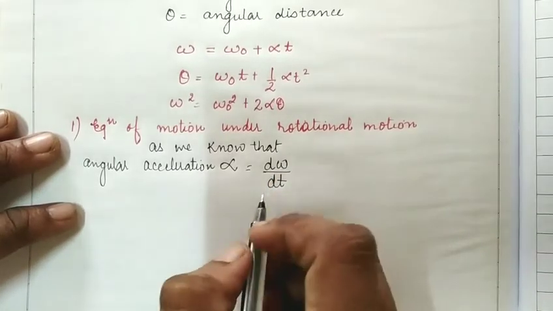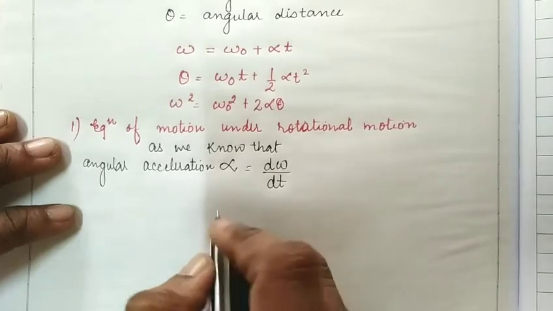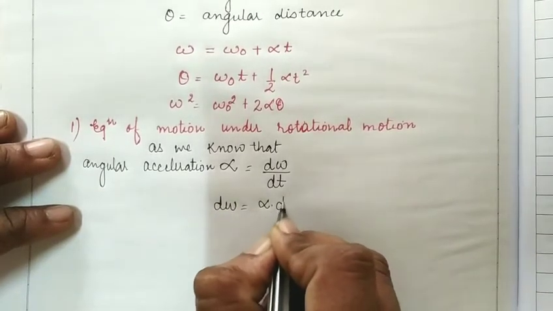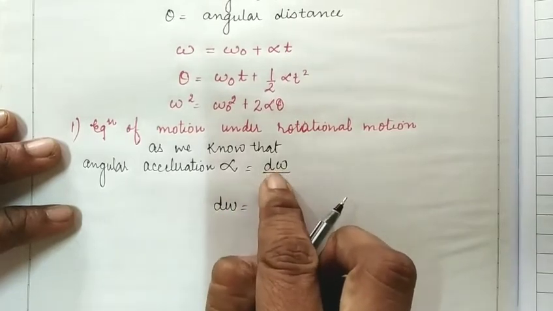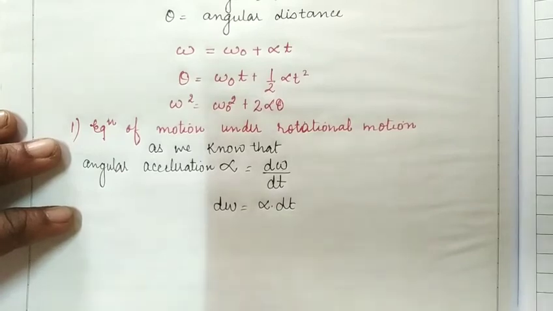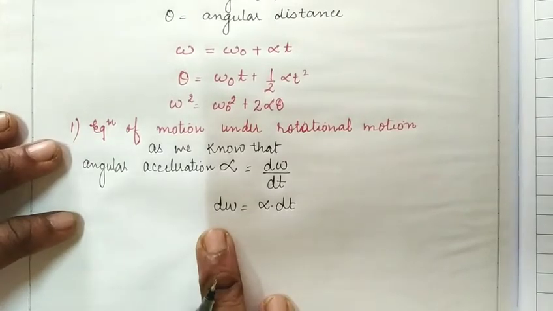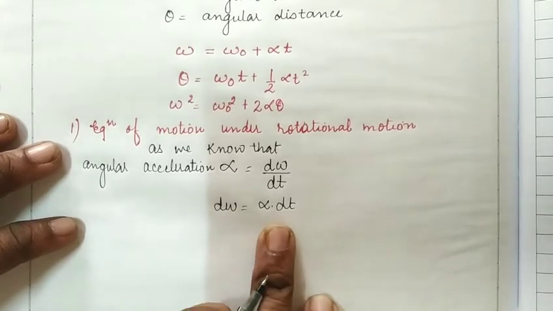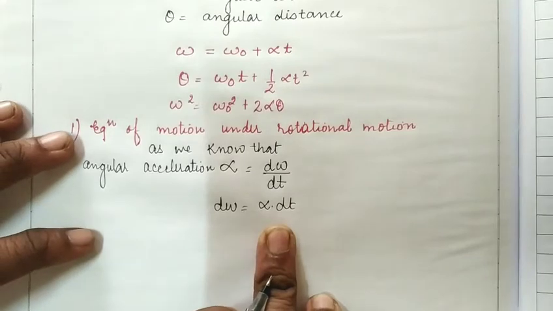Students, what can we write from here? We can write d omega equals alpha into dt. Here d represents the small change in the angular velocity and dt shows the small change in the time.